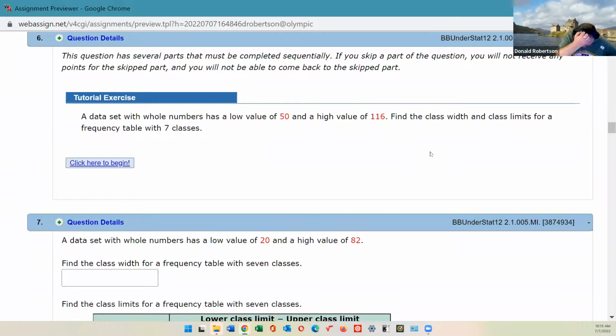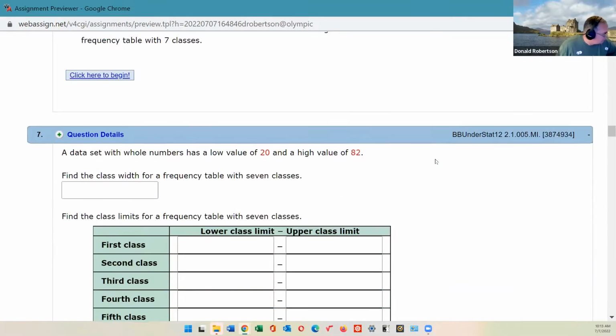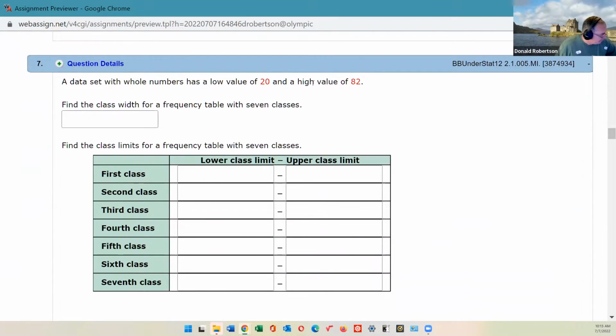So what we're going to do now is kind of go through that process that I just did on paper and show you how you do it with a real question. So a data set with numbers that start at 20 and finish at 82.